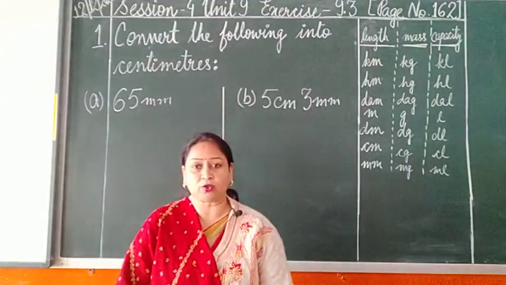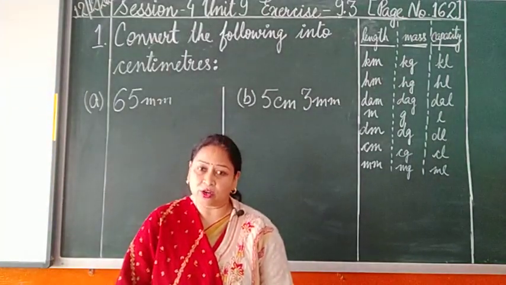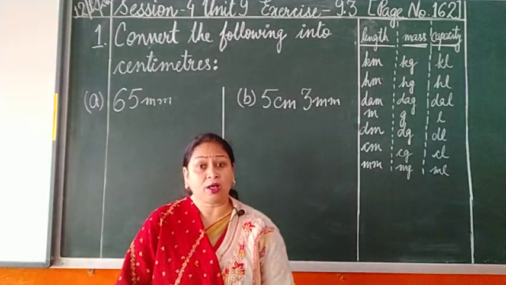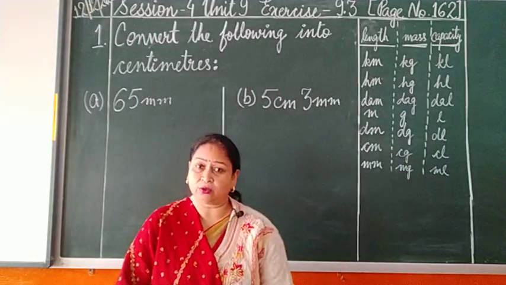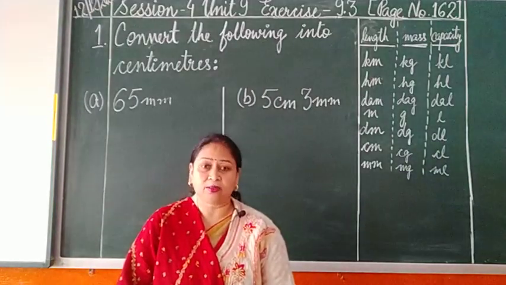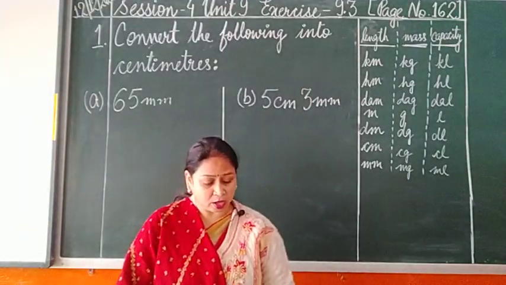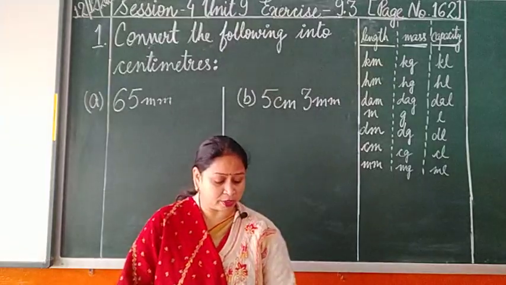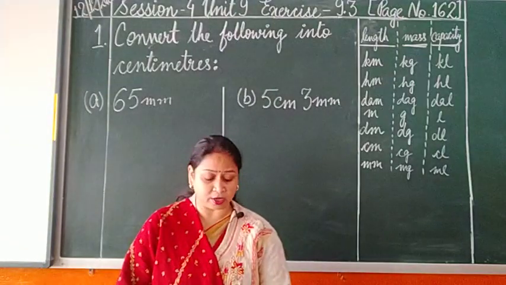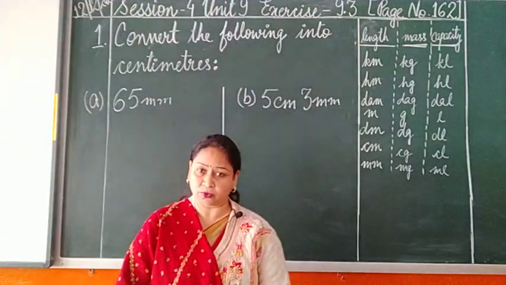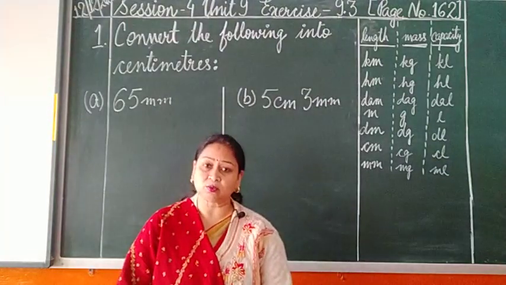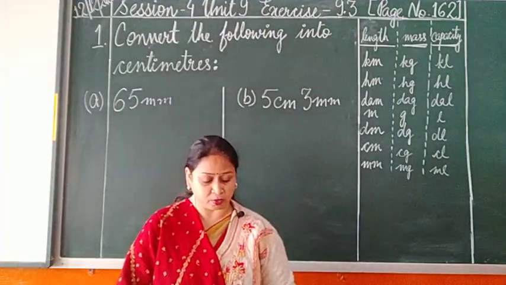Suppose from kilometer to meter, 1 kilometer equals 1000 meter. How the conversion took place, that also I have shown you, and then we completed the exercise based on that. Okay. So now in today's class we will be converting smaller units into bigger units.